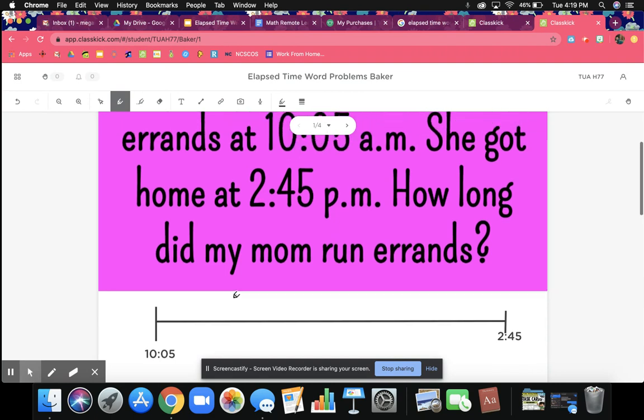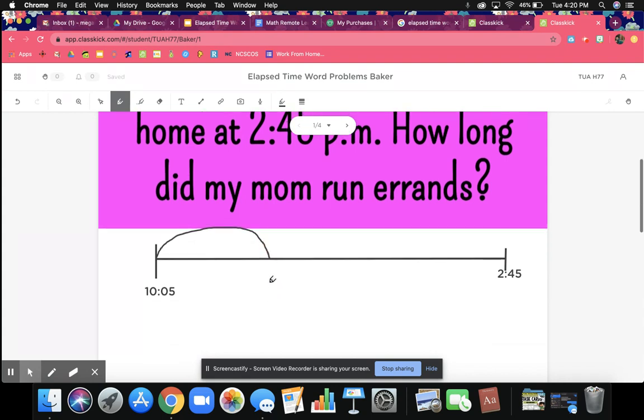So if I want a straight hour, I can jump to 11 o'clock. Now, I know that between 10:05 and 11 o'clock was 55 minutes. So I'm going to put that for my first jump.